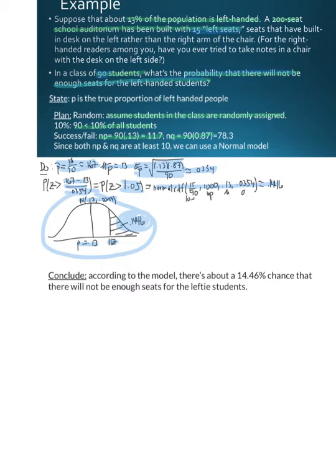So remember our critical 4 steps that we did to do this problem. The first thing we did was our state step, where we stated what the true proportion is, whatever it is we're trying to estimate, in context. The second thing we did was our plan step, where we had 3 specific checks: random, 10%, success/failure. The third step is the do step.